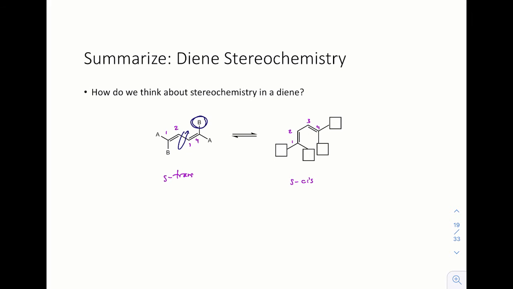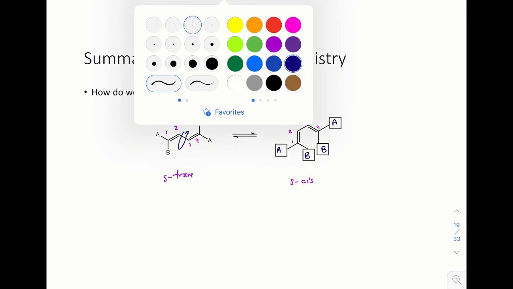Well, B should be on the same side of carbon 4 as this vinyl group. So B is on the same side as the vinyl group. Same for carbon 1. B and the vinyl group are cis to one another.